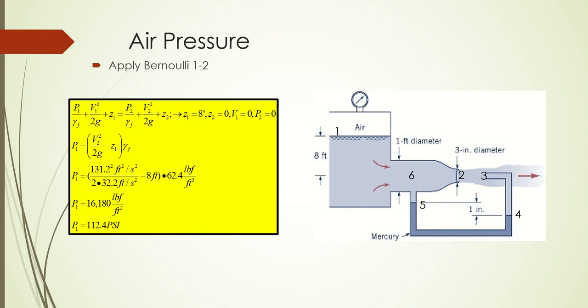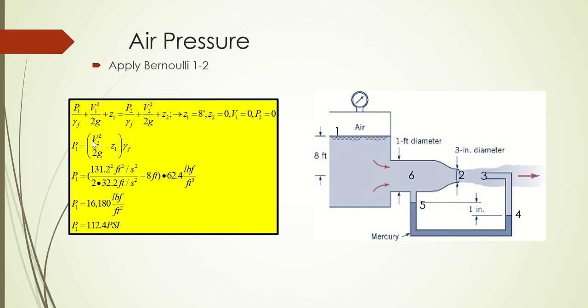So it's not really 0, it's approximately 0. But in terms of the analysis, we have a large diameter tank and a small exit area. So relatively speaking, the velocity of that free surface 1 is small relative to the exit velocity at point 2. So we assume that it is 0 in our calculations.